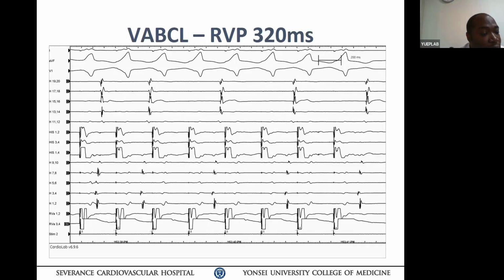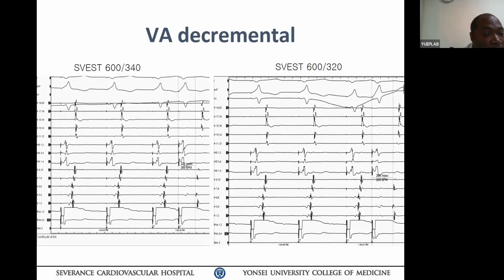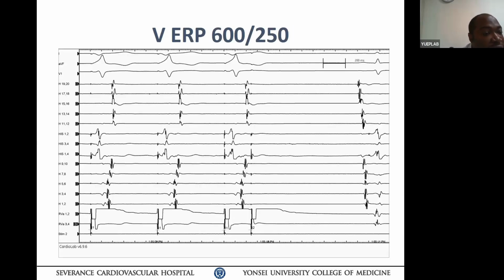VA block cycle length was at 320 milliseconds. On single ventricular extrastimulus testing, VA decremental property was observed. Ventricular ERP was at 600/250.